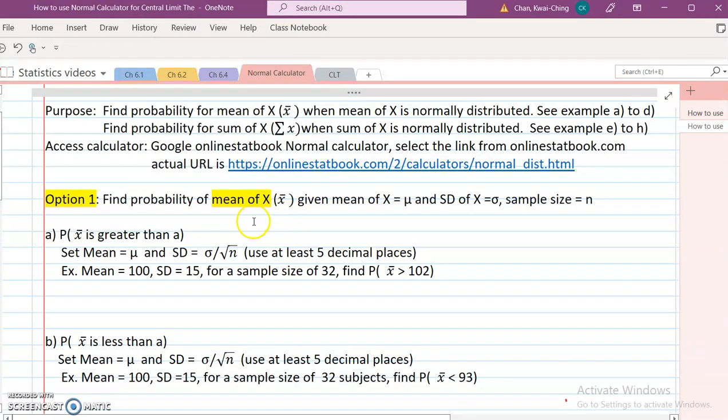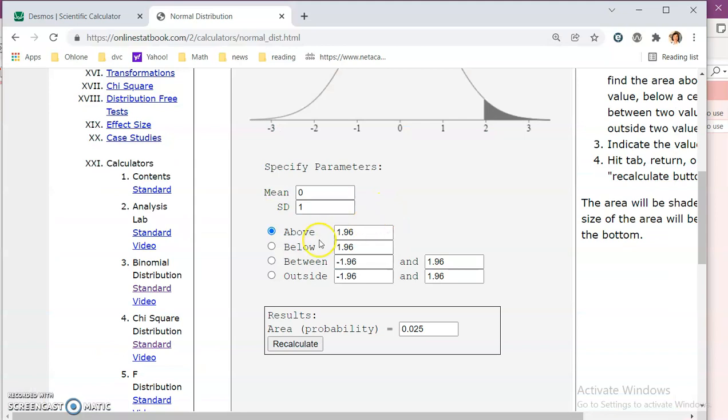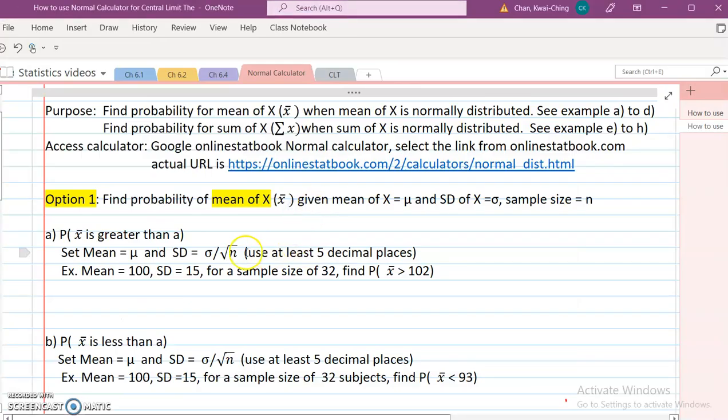So to do that, we do not enter the mean and standard deviation of X here. We will have to make some adjustment based on the central limit theorem. The central limit theorem tells us that if certain criteria are satisfied, X bar will be normally distributed.